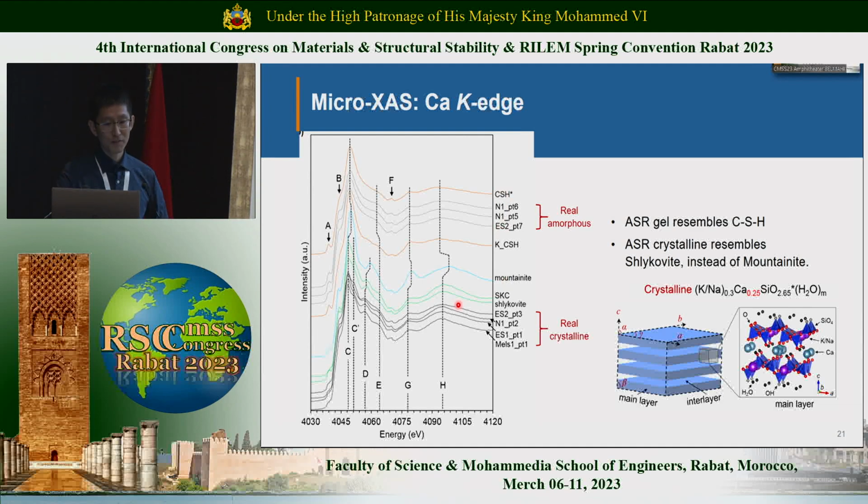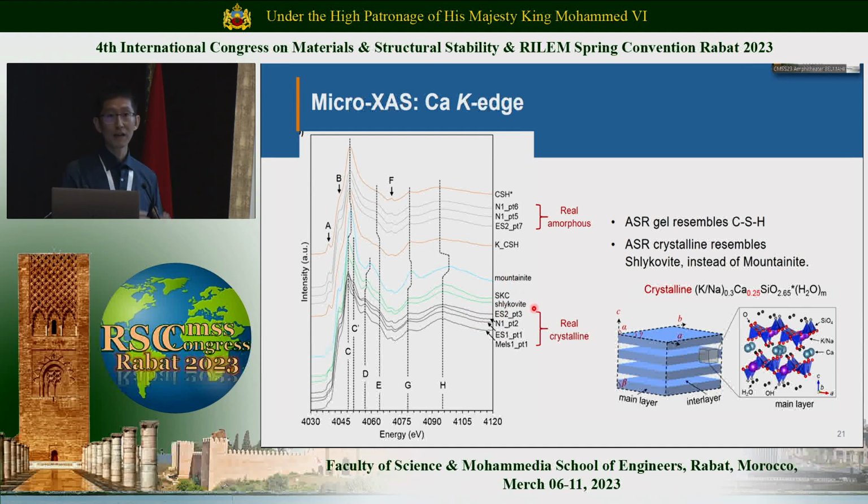And we find very strong evidence that the fingerprint of the calcium inside the crystalline ASR product is very similar to the one in schlickovite, not the one called montanite.